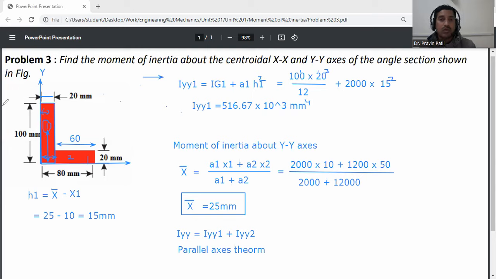So now calculate Iyy2, which is equal to Ig2 plus A2 H2 square.